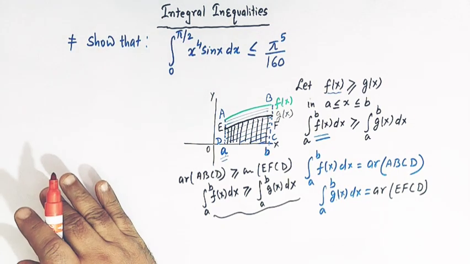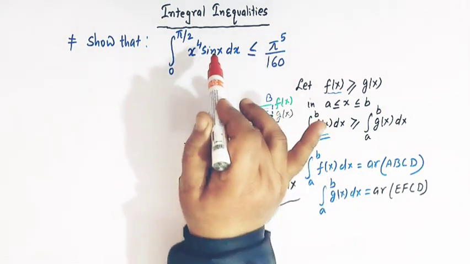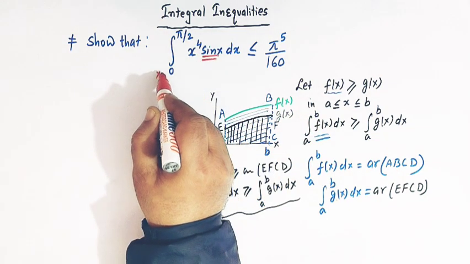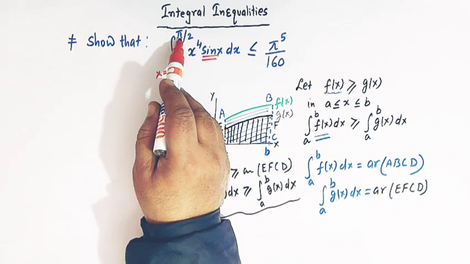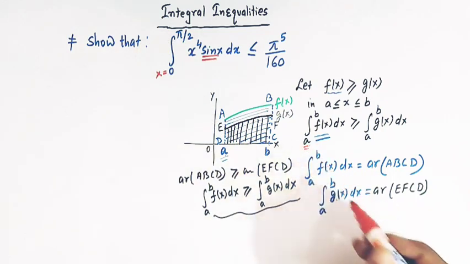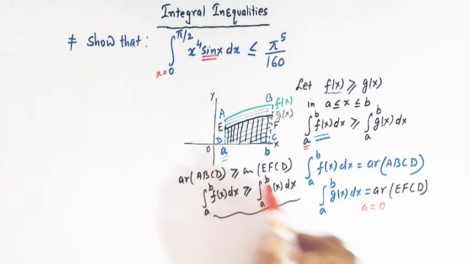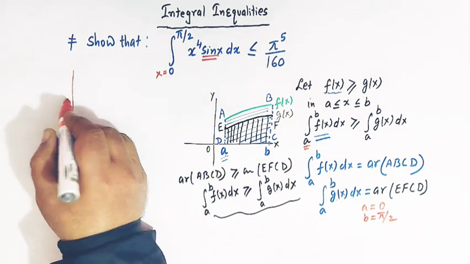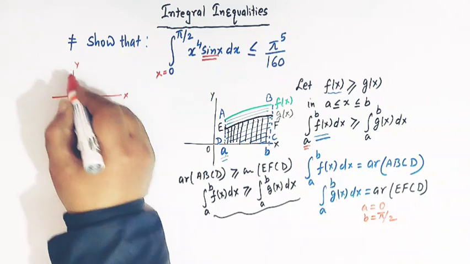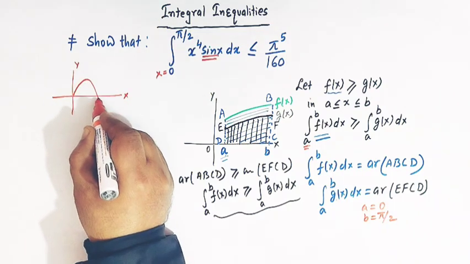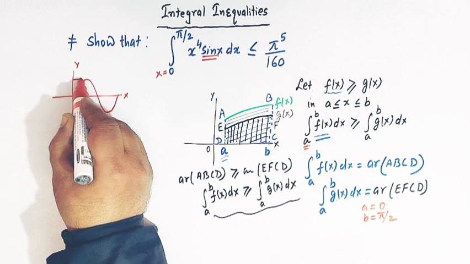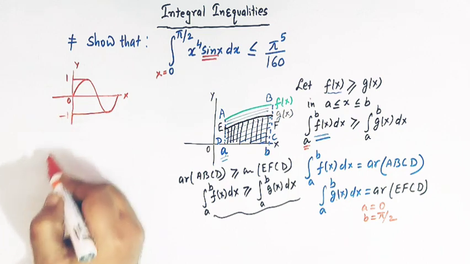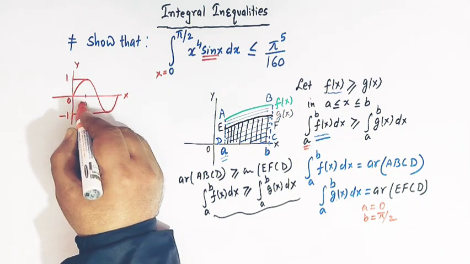Now what we will do is start with the function sine of x. The limits of integration vary from 0 to pi by 2, so our a is 0 and b is pi by 2. If we see the graph of sine x, it goes like this, where here we have 1, this is 0, and this is minus 1, and this is pi by 2.